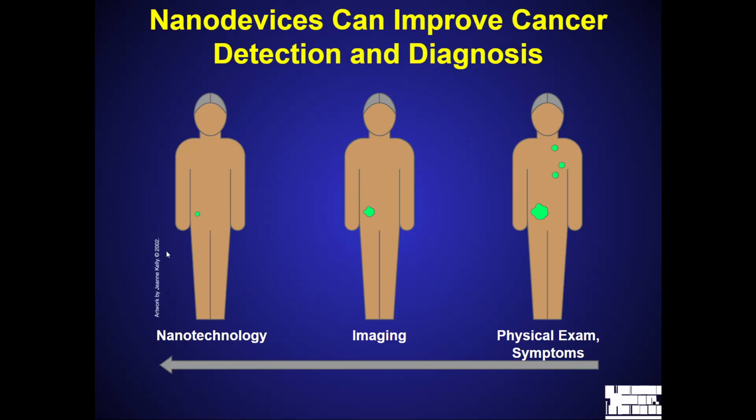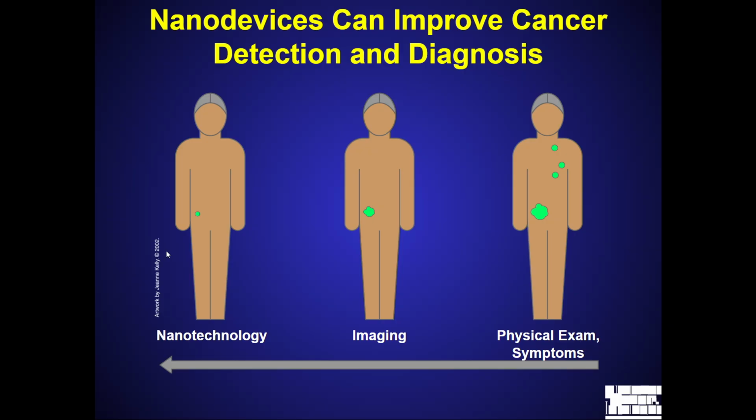So, detection of cancer at early stages we know is critical, as we talked about in imaging in another video. And current detection usually depends on changes in cells and tissues that are detected by touch or imaging, right?